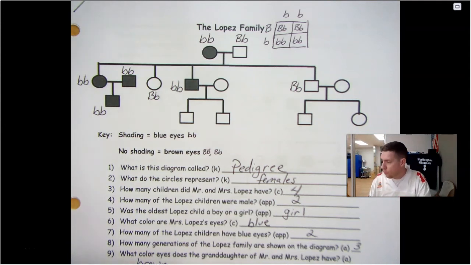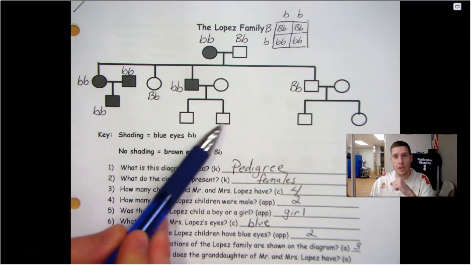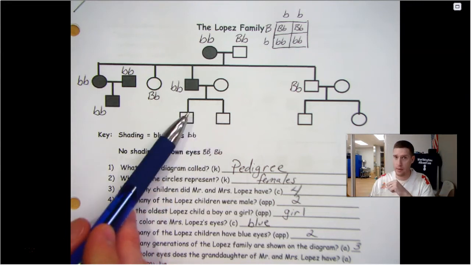All right. We found the Lopez's and their children's genotypes. But we're not done, because question number 10 asks us to write in the genotypes for all of the individuals on the pedigree. We've got more figuring to do, but we know now that we can use Punnett squares if we have at least one of the parents and we know what the children are or what they're not.